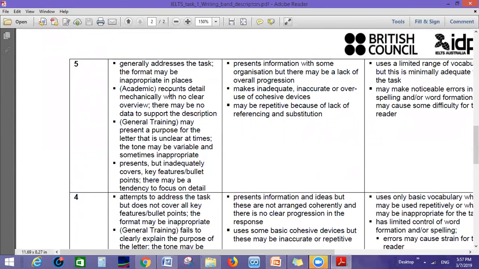Now, recounts detail mechanically with no clear overview. So you're given the numbers, whatever. Or there may be no data to support the description. Or you're writing something in the overview and you're not giving data. Okay. Here we have inadequately covers key features and so on and so on.